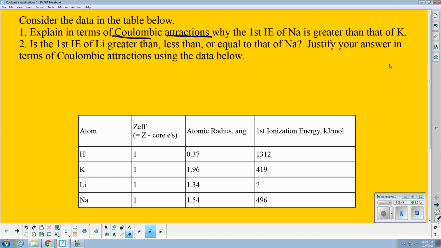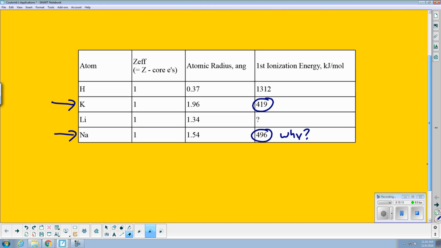All right, here we go. We want to explain in terms of Coulombic attractions why the first ionization energy of sodium is greater than that of potassium. So we want to look at my potassium and my sodium, and here are my ionization energies. Why is the sodium ionization energy greater than the ionization energy for potassium?